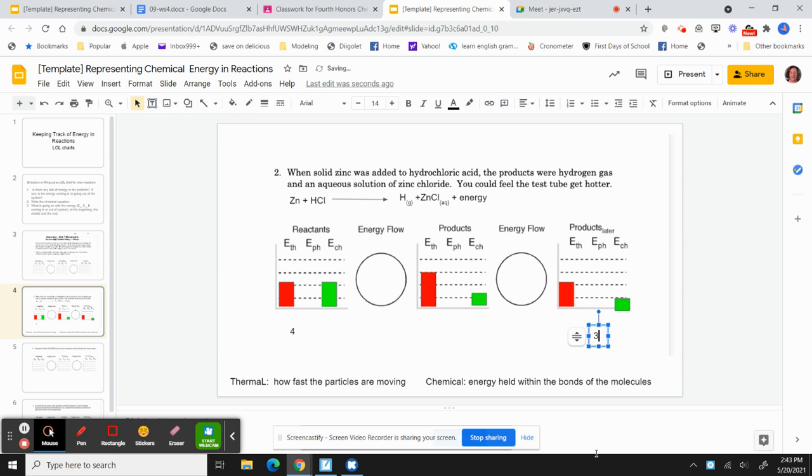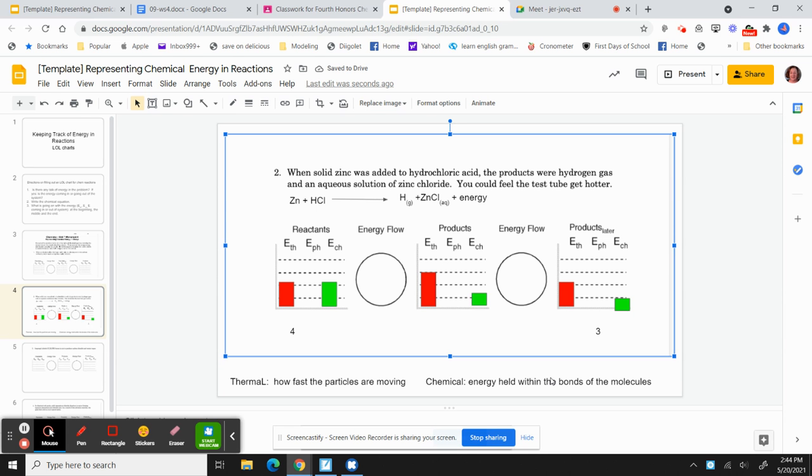All right, so we've lost some energy here, huh? We lost some. So where did it go, do you think? Into the air, absolutely. Into the surroundings. Absolutely right. So we lost it into the surroundings.